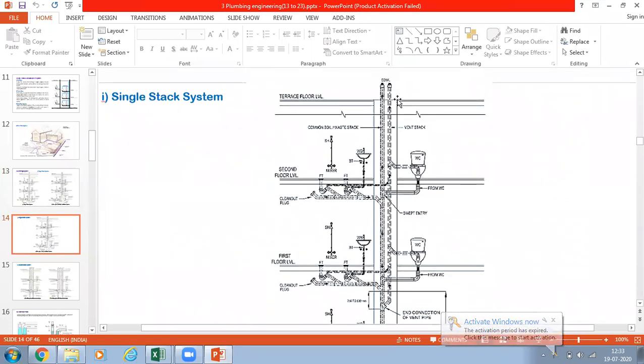A rat or some insect will enter into our system and spoil it. So that's why we have to provide a vent cowl at the end of every pipe, every drain system. Otherwise you will get trouble during maintenance.